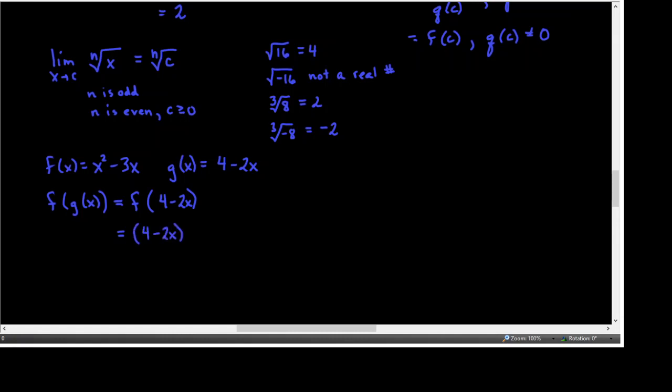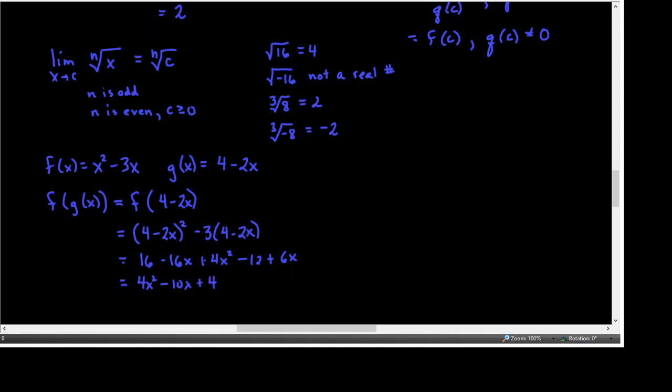So it'll be (4 minus 2x) squared minus 3 times (4 minus 2x), which we then simplify. So let me do that really fast. This will be 16 minus 16x plus 4x squared, doing the squaring. And then distributing, that'll be minus 12 plus 6x. And so our final answer would be 4x squared minus 10x plus 4.